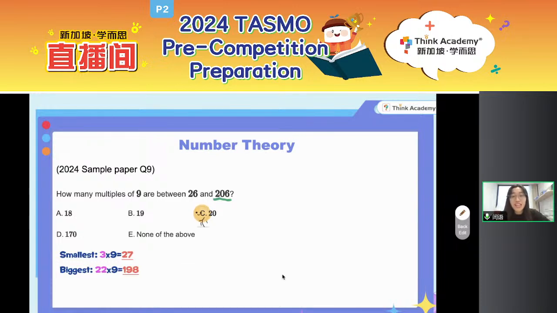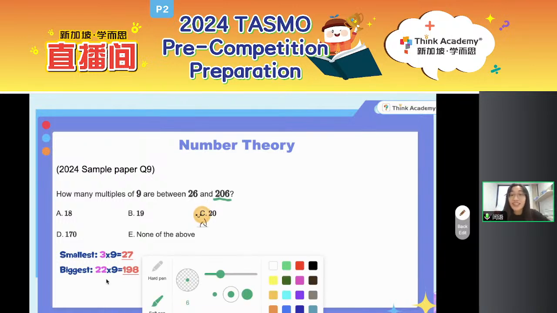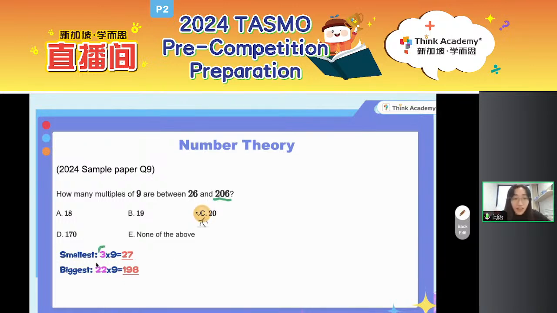So now the question is, from the third 9 to the 22nd 9, how many numbers are there? Think about it. How can we figure out the number of items here? From the third one to the 22nd one, how many multiples are there?